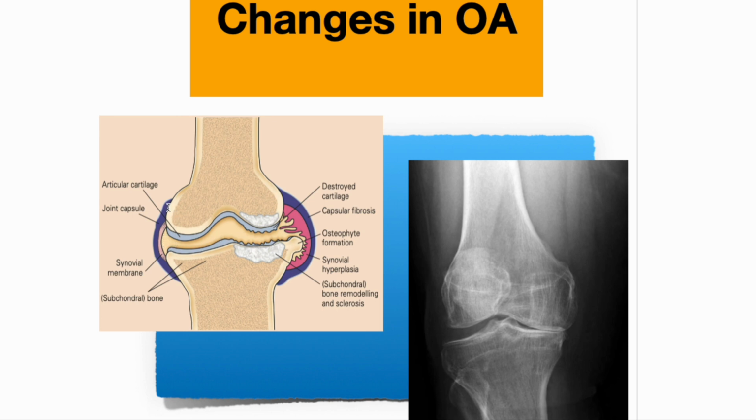And we can see there is a strong capsule or membrane covering the joint. There could be two parts. One is a joint membrane here, or synovial membrane, and there is a thicker, stronger joint capsule there.